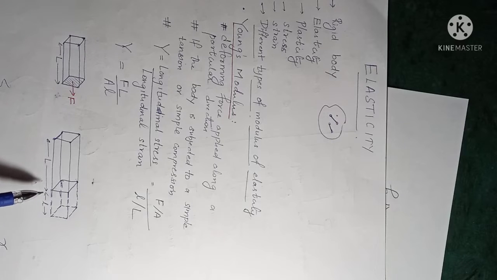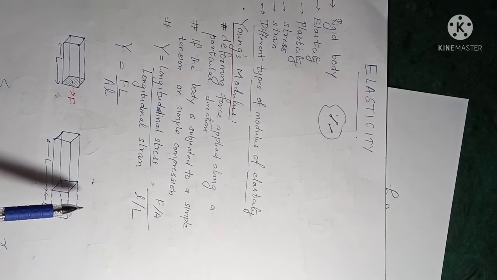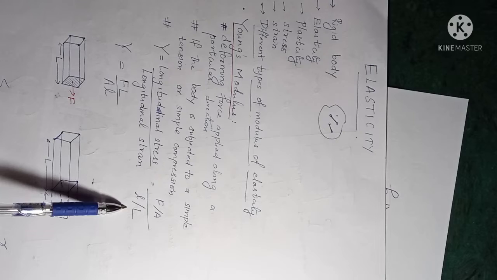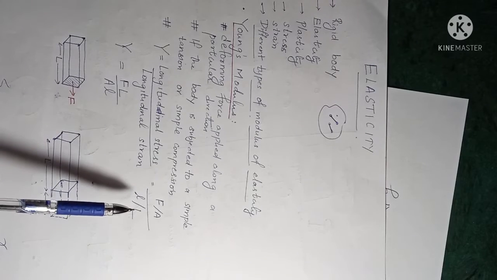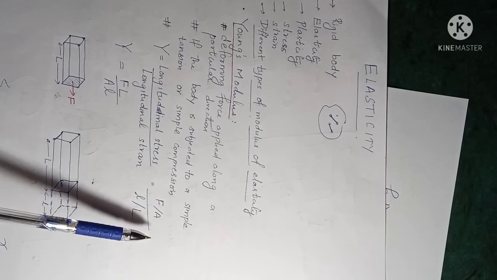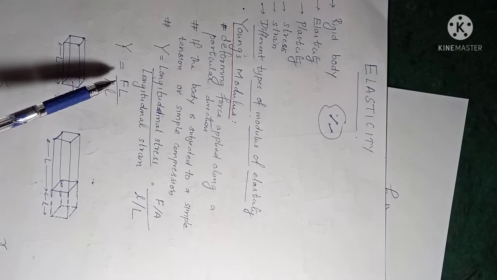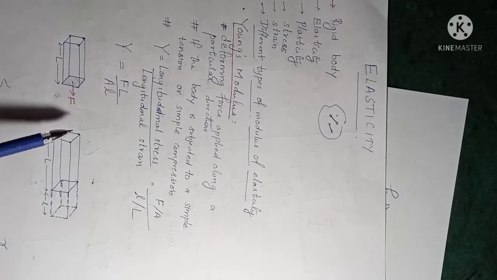So the strain will be the change in length to the original length, small l by capital L, and longitudinal stress is force per unit area. So Young's modulus can be given as FL by Al.